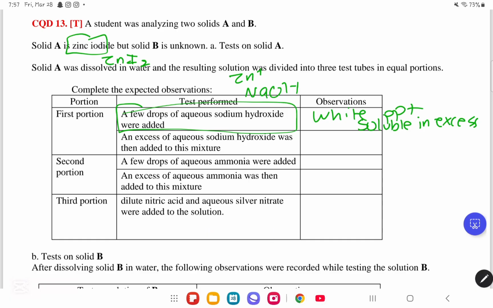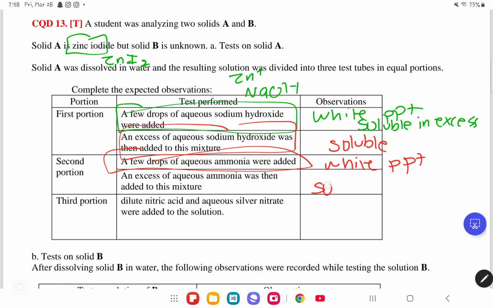Now an excess of aqueous sodium hydroxide was added to this mixture. Again, in excess, we said that it is also soluble. So a white precipitate that is also soluble in excess. Now, a few drops of ammonia are added. Again, here, a white precipitate forms, and again, it is soluble in excess.